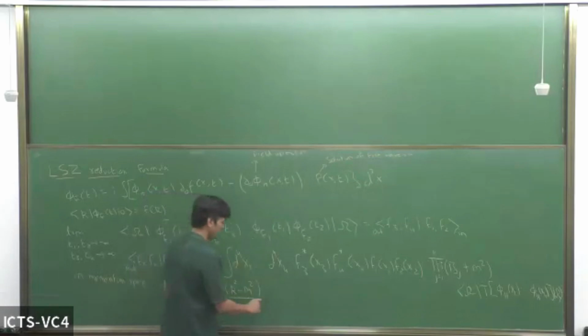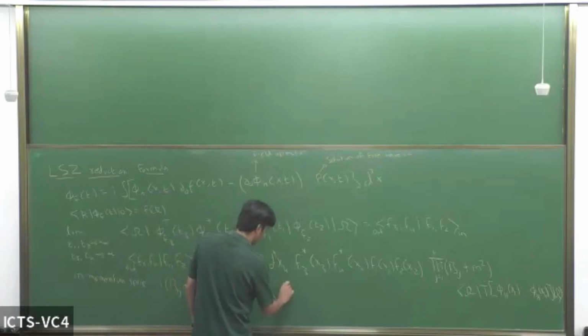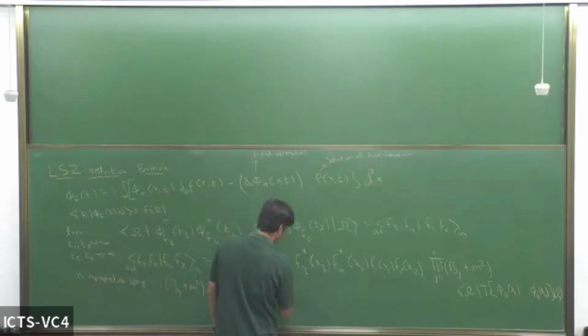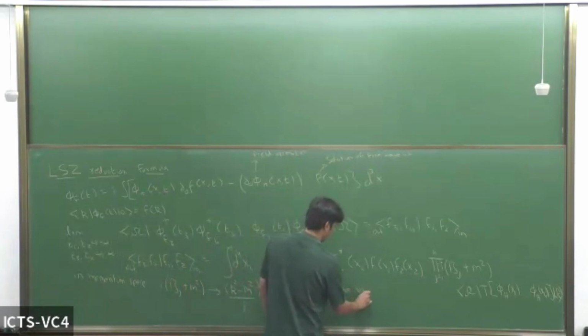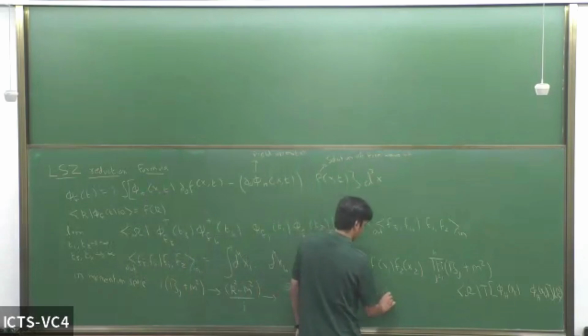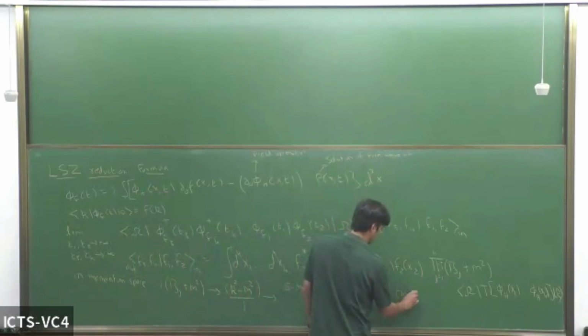So this is saying, in words, that the S matrix is the residue of the pole in the Green's function.